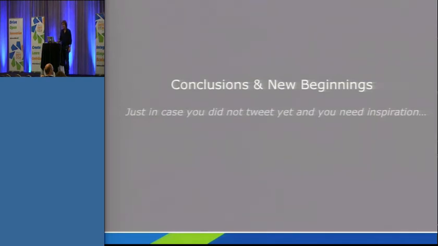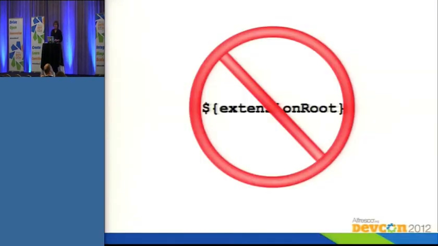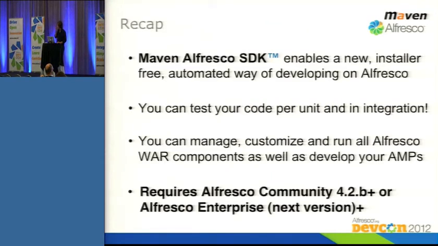There are a couple of ways we can look at what this brings in. Definitely, if you're a visual person, you want to have one big conclusion: you don't need extension root anymore. So you don't want to develop in a pretty much manual and error-prone way in the extension folder. But in a bit more detail, this enables a much more automated and reproducible way of developing on Alfresco.